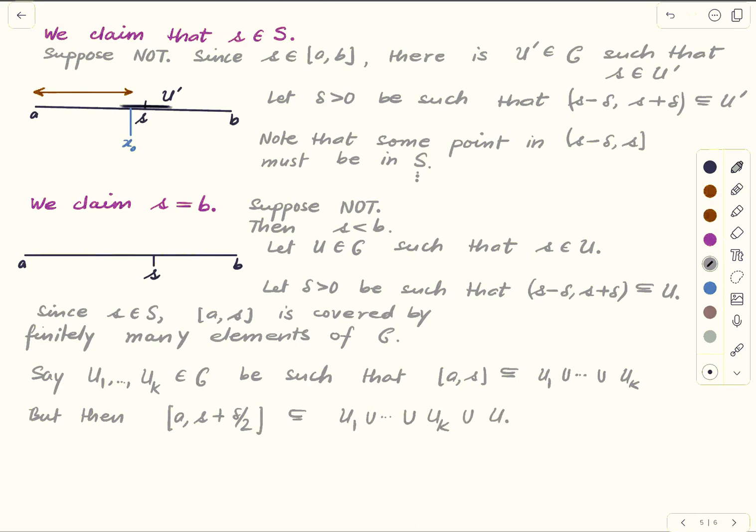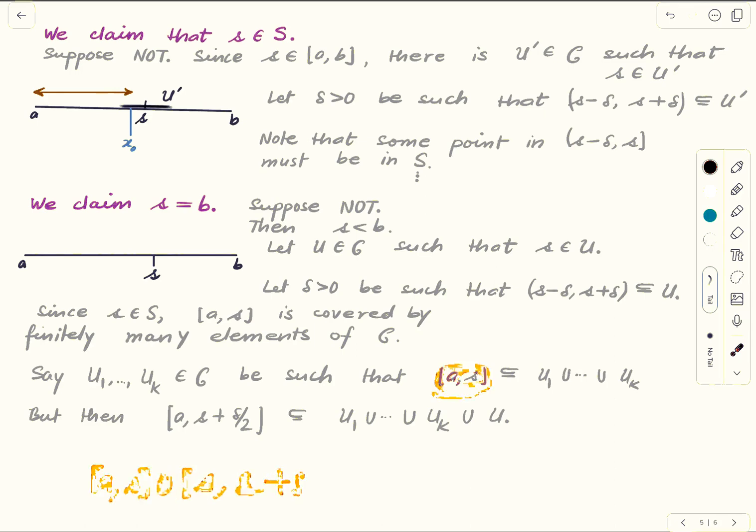So what happened? This much is already contained here, and this interval S minus delta comma S plus delta is contained in little u, contained in capital U, and therefore in particular the closed interval S comma S plus delta by 2 is contained in capital U. So if we just add that part to this closed interval, meaning all we are doing is we have this closed interval union this closed interval.